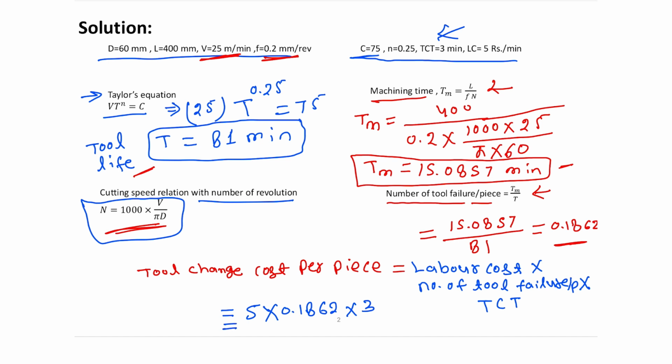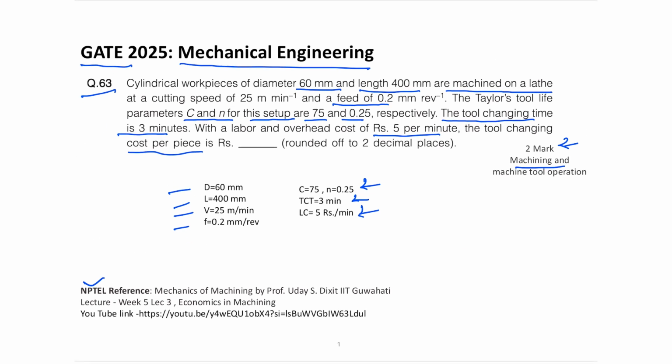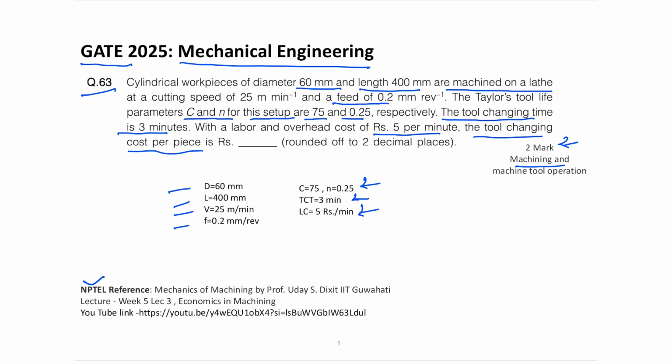We will get around 2.7936 Rs. So this will be our tool change cost per piece, around 2.7936. So this will be our answer.